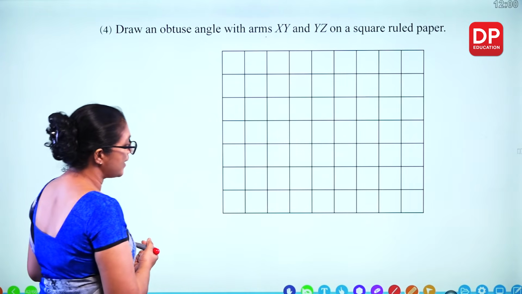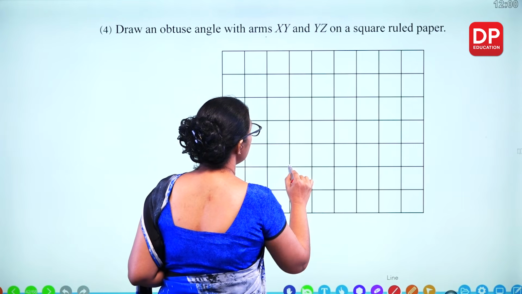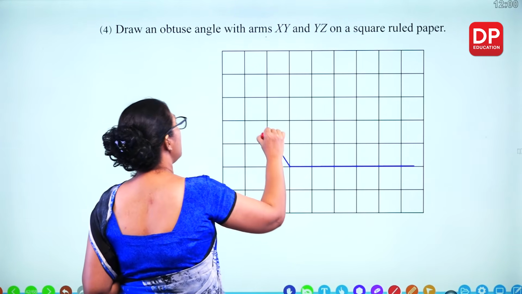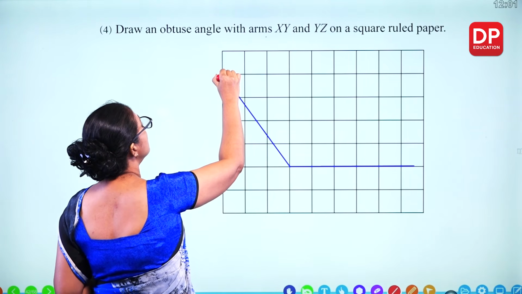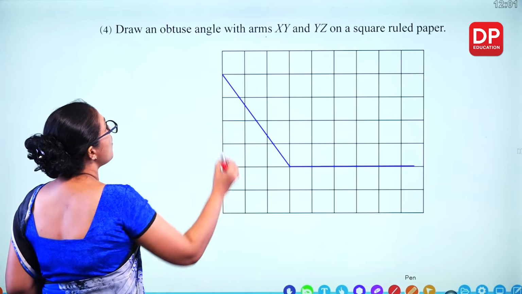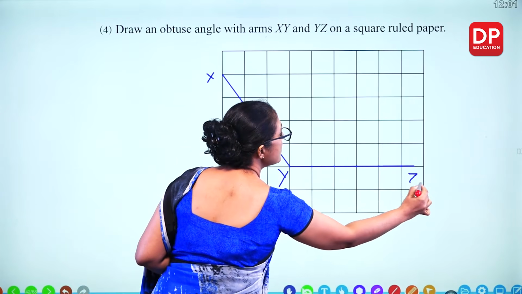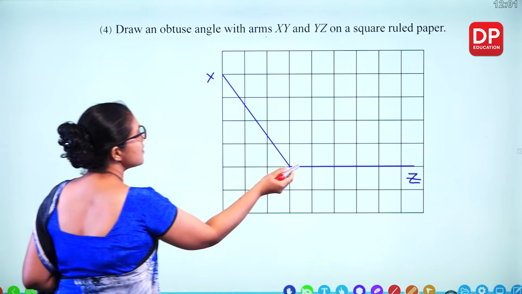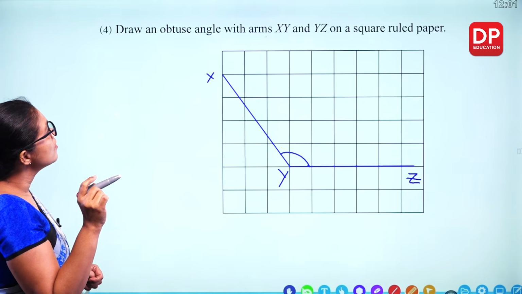Draw an obtuse angle with arms XY and YZ on a square rule paper. So take the ruler and you can draw a line here and a line here. XY, YZ. So Y is the vertex. So this is the obtuse angle, more than 90 degrees.